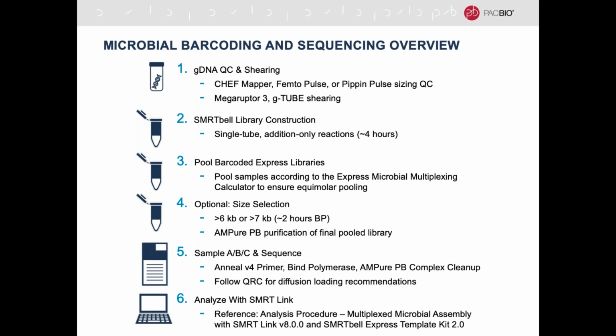And then what we'll talk about for the rest of this presentation is analysis with SMRT Link. But the rest of the first 5 steps are typically doable within a day or two. So this protocol has gotten pretty well optimized and can be done reasonably quickly.